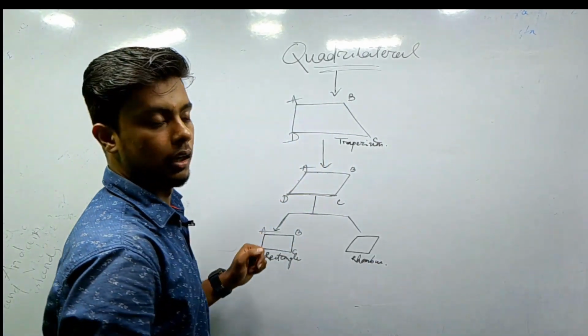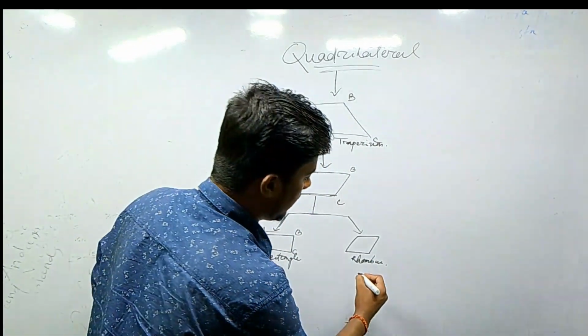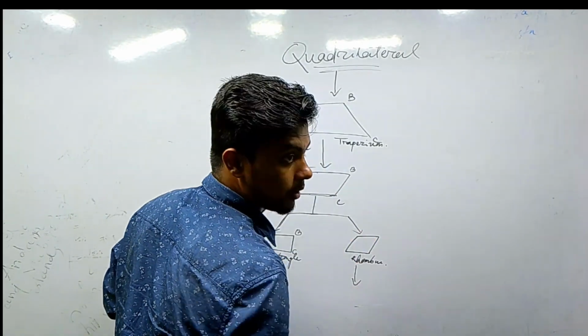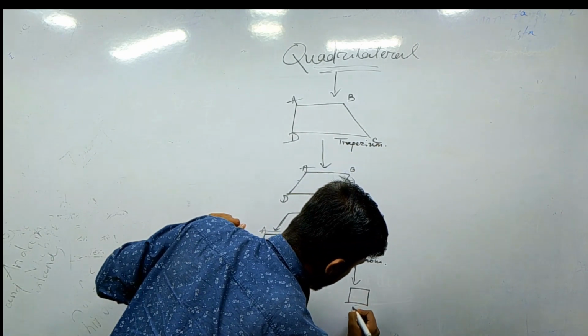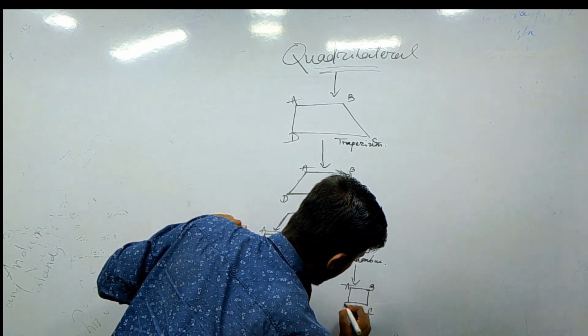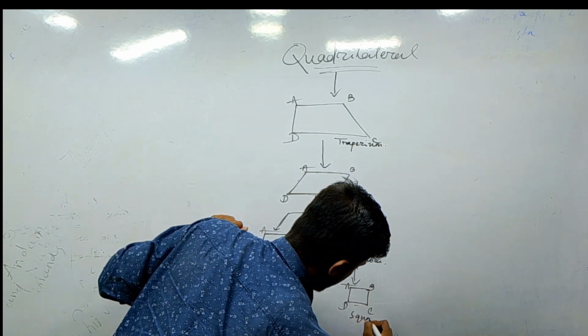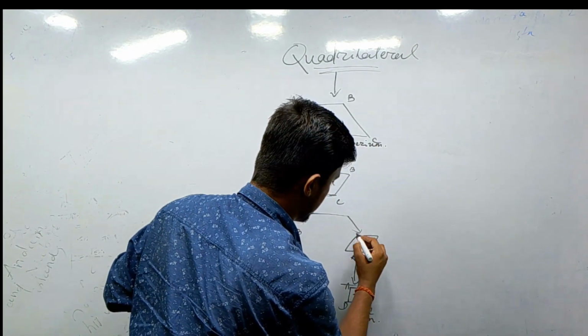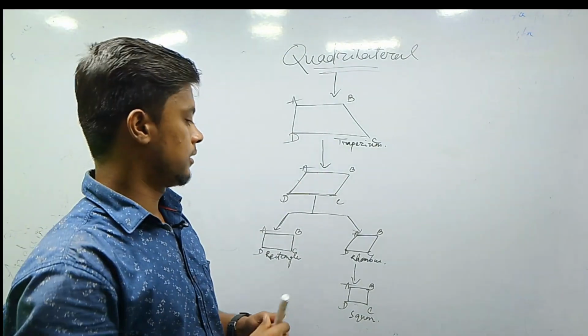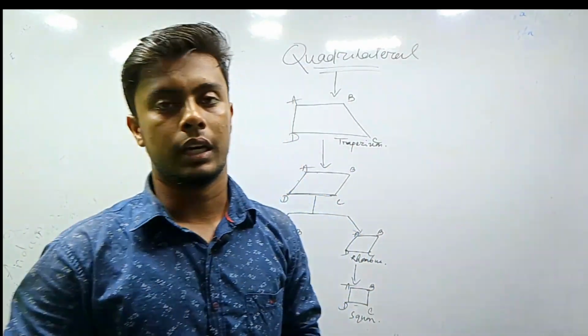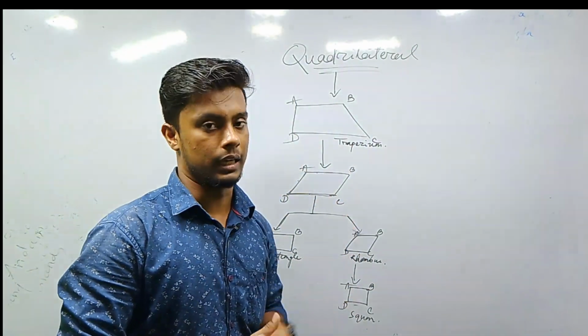Then again, if we update the rhombus, that is, if we make one angle of the rhombus 90 degrees, then it becomes a square. So this is the basic structure of the quadrilateral.